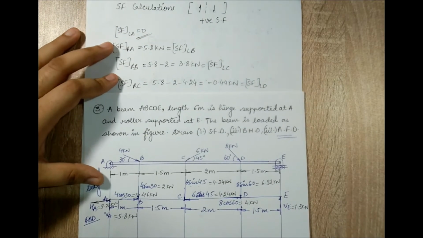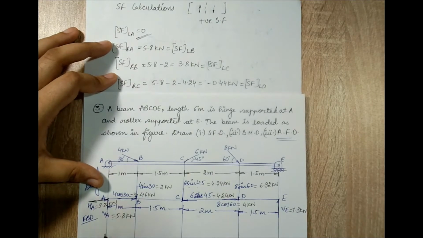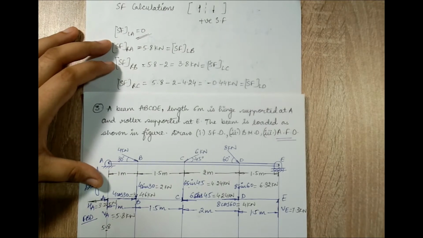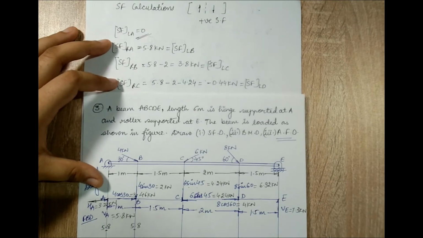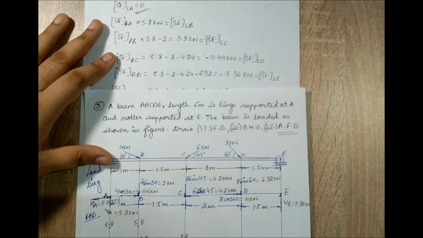First value for the left of A is 0. The value for right of A is 5.8. So I'll write here 5.8. The value for left of B is again 5.8. For right of B, the value is 3.8. So it is on the same line, little below. The value to the left of C is also 3.8. The value to the right of C is minus 0.44.